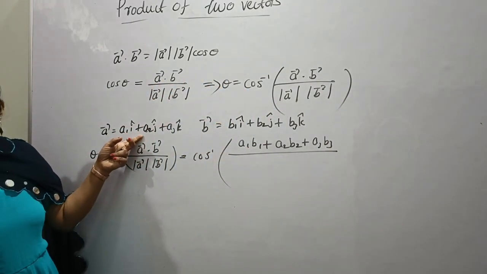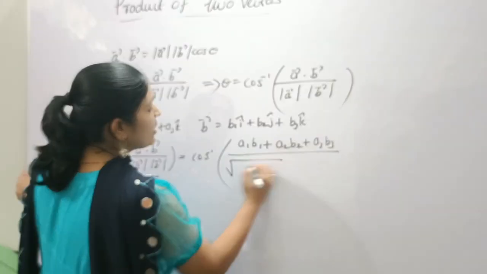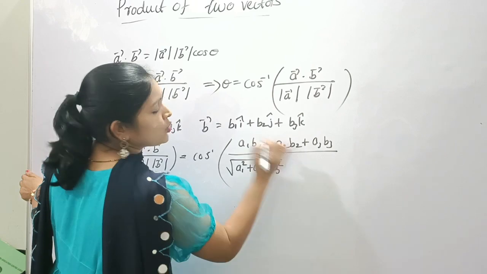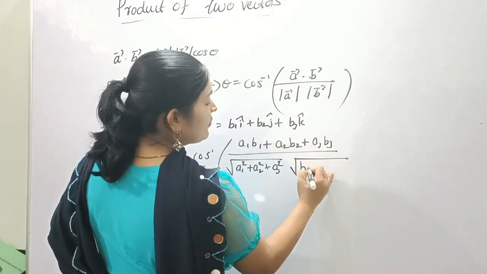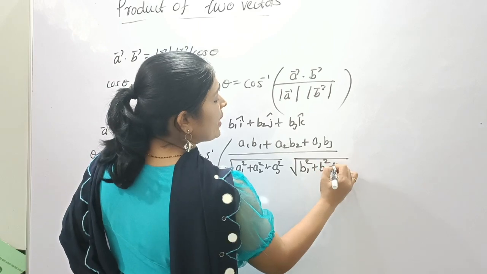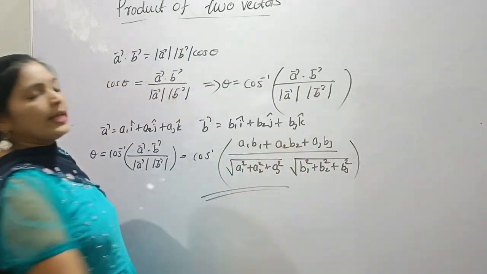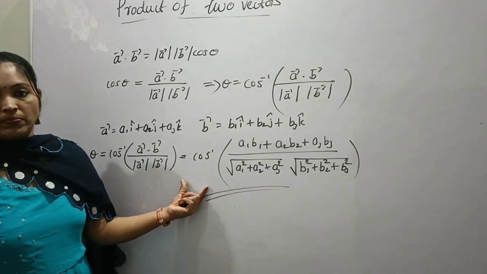So what is the modulus of vector A? That is square root of a1 square plus a2 square plus a3 square, right? Into square root of b1 square plus b2 square plus b3 square, right? So it is the angle between two vectors in component form.